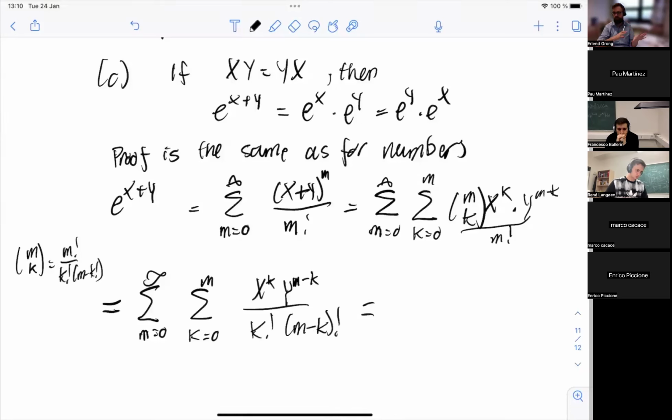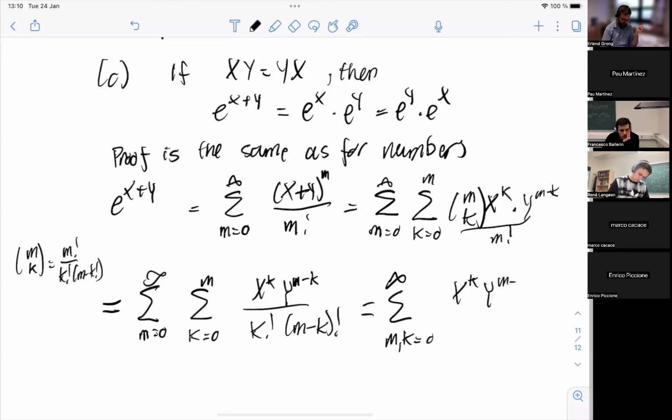And then if you rearrange the terms, you can show that it's the same as taking the sum over all combinations of k and m.